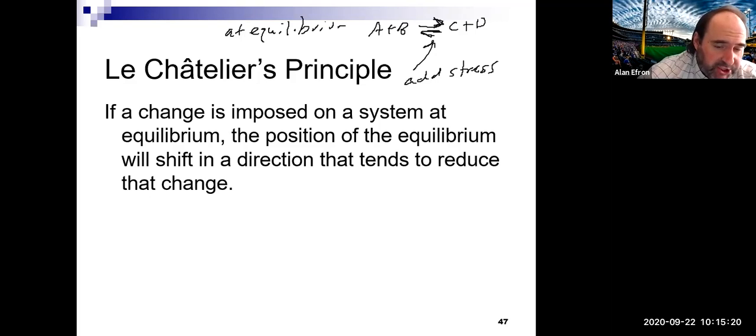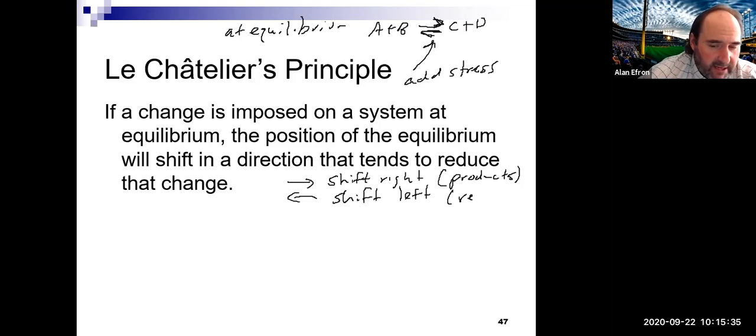Either shift to the right, which basically means we need to make some more products. It may have to shift to the left, which means to reach equilibrium, I need to make some more reactants. Or there may even be a situation where even though you did something to it, there may really be no change that will occur.